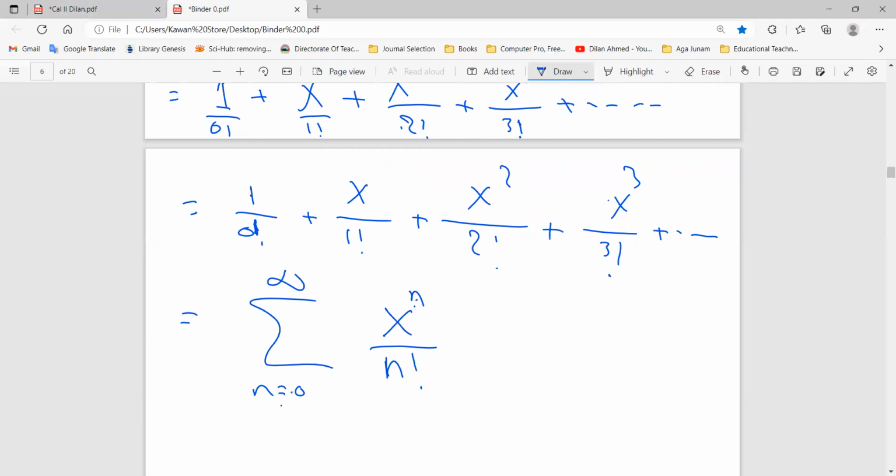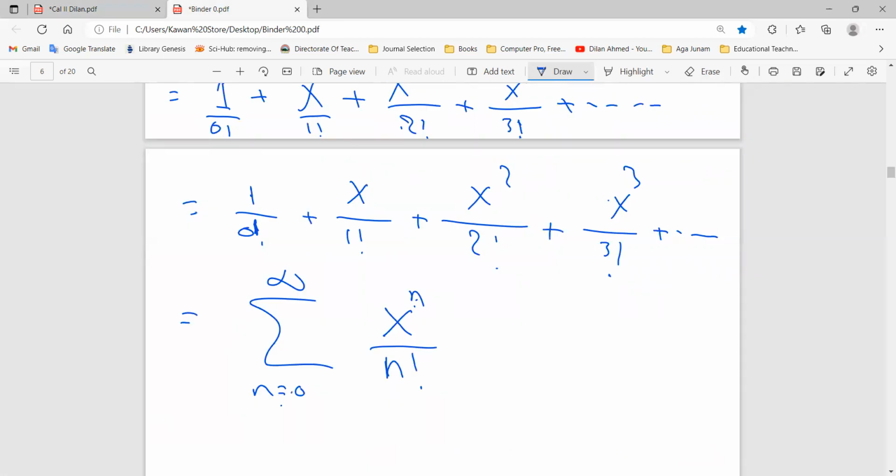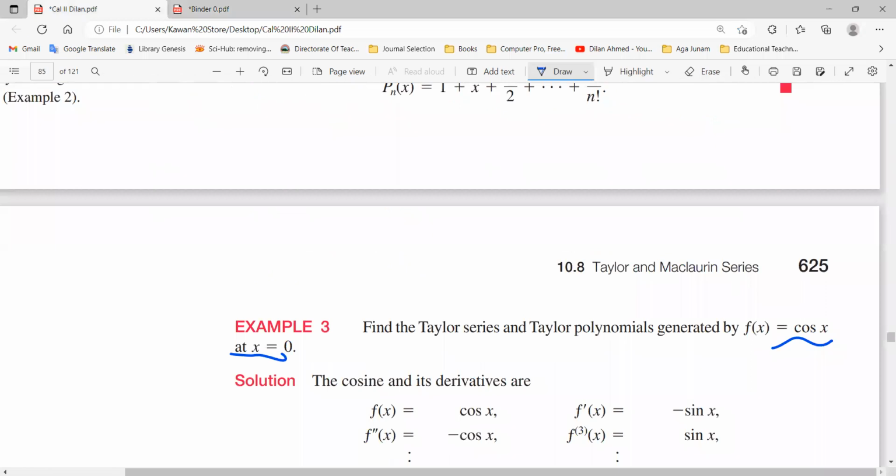So now, kindly find that one with me. Another example, at 0.